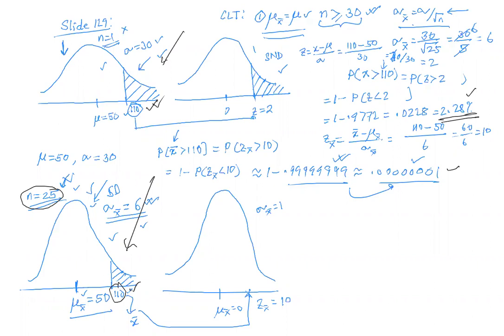Which scenario are we dealing with, the top one or the bottom one? We are dealing with the top one on the left, because it says a randomly selected person. It didn't say the average or a sample of 25 or 30.